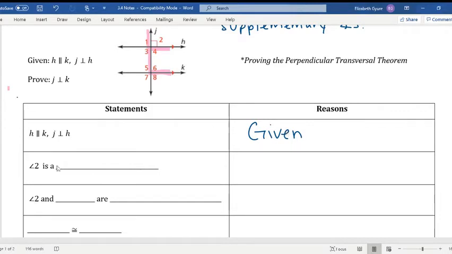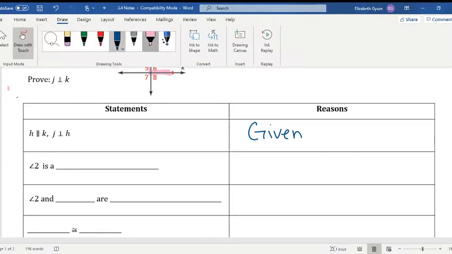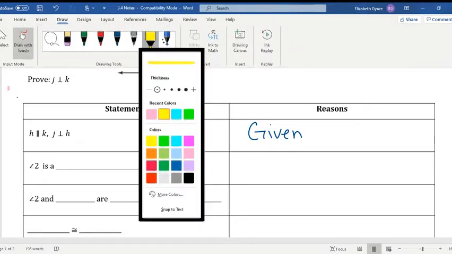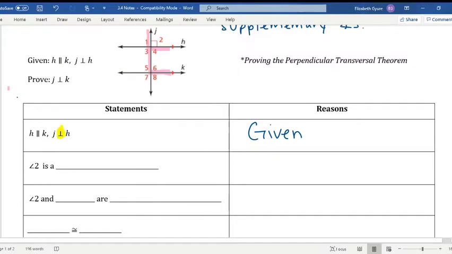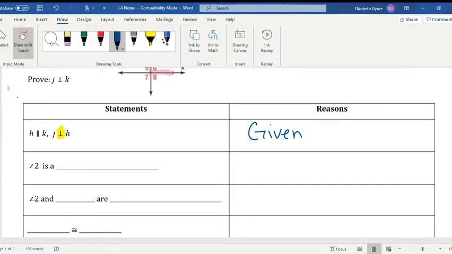Then we're going to say that angle 2 is a what? Well, vocab. Think about your vocab. In your given, weren't we told that we have perpendicular lines? Perpendicular lines make what kind of angles, guys? Right angles. So I can say that angle 2 is what kind of angle? A right angle.